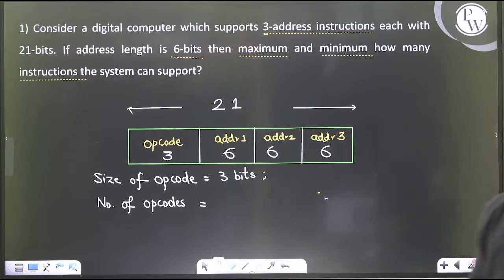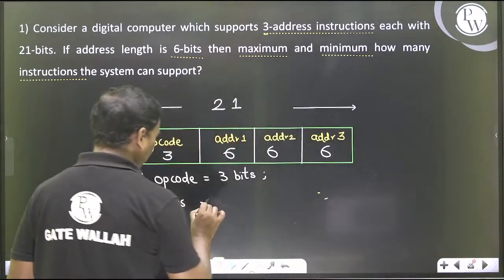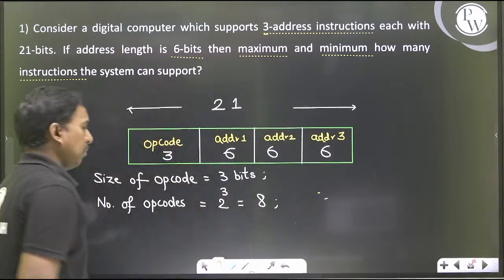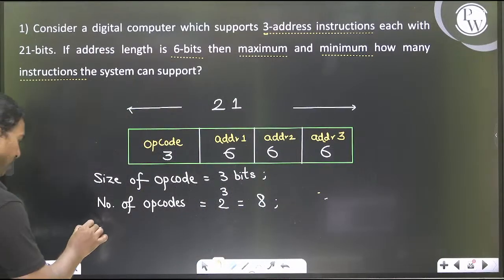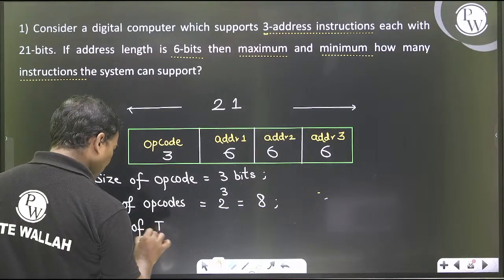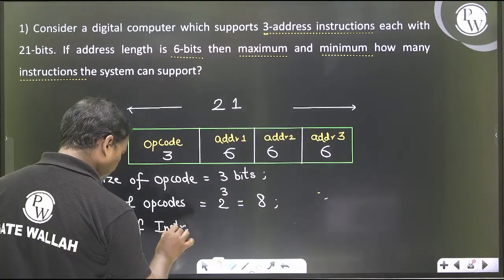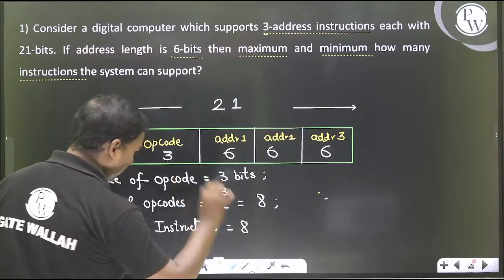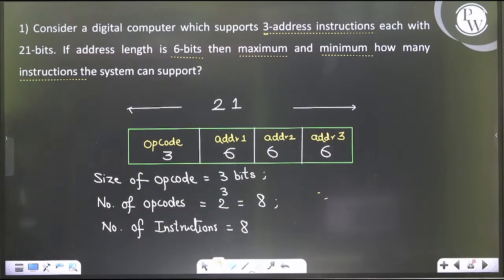So the number of opcodes is 2 power 3, which means 8. So the number of opcodes is 2 power 3, 8. So this is the maximum number of instructions, my dear. The minimum will always be 1.